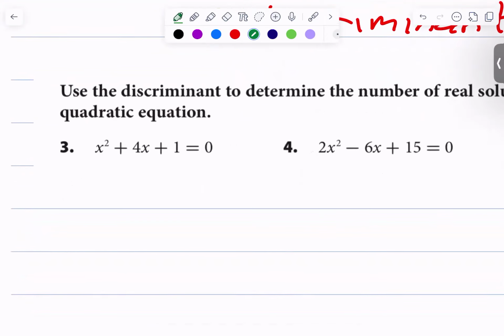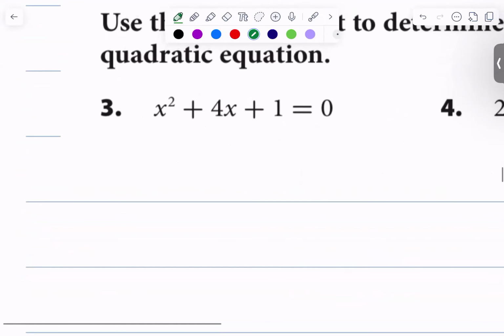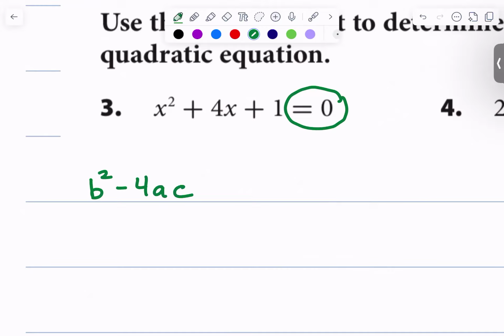Okay? So here for number 3, I have this equation equals 0. So we have it in the form that we need. So I'm going to plug in b squared minus 4ac.